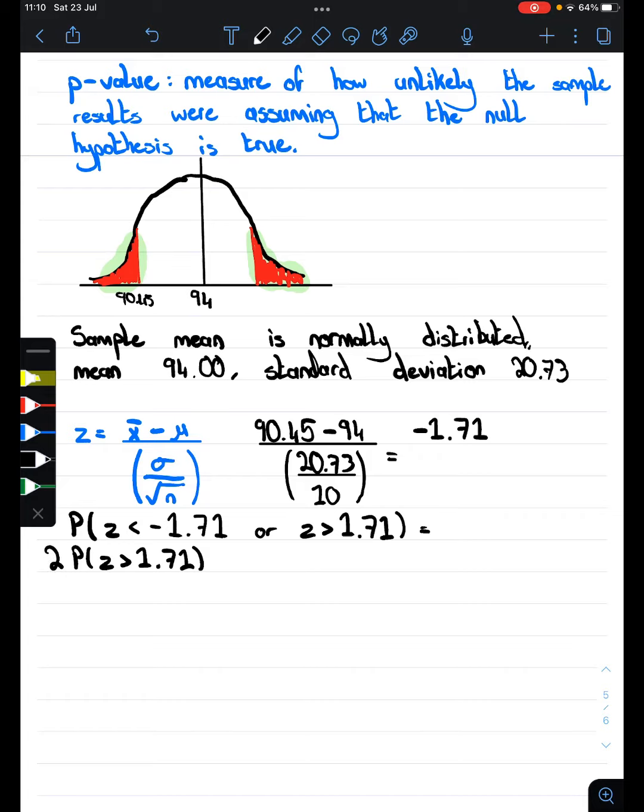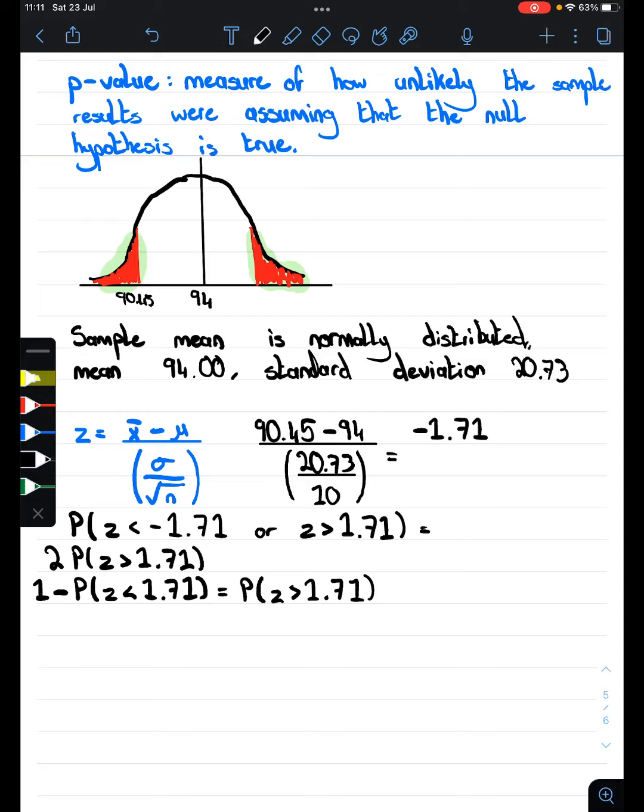Okay. And so what do the log tables tell us? Well, the log tables actually give us the probability that z is less than a number. But we can use this since we know that 1 minus this is what we're looking for, the probability of z greater than 1.71.